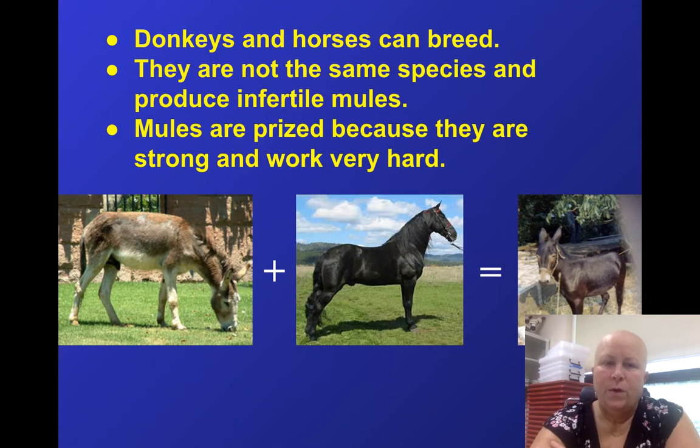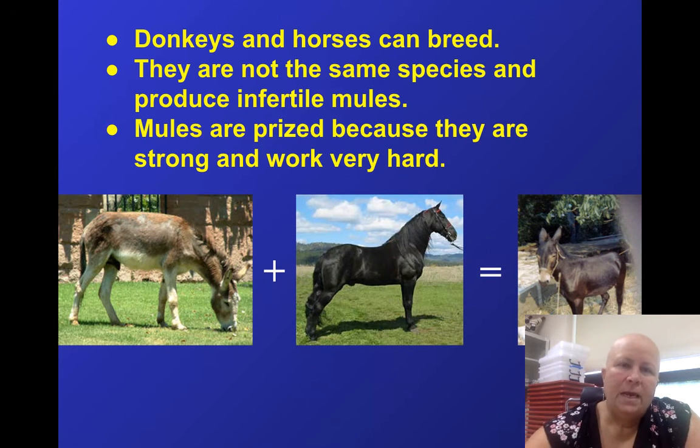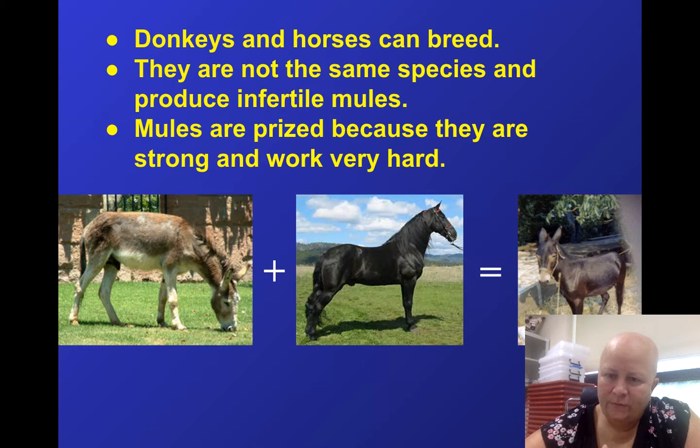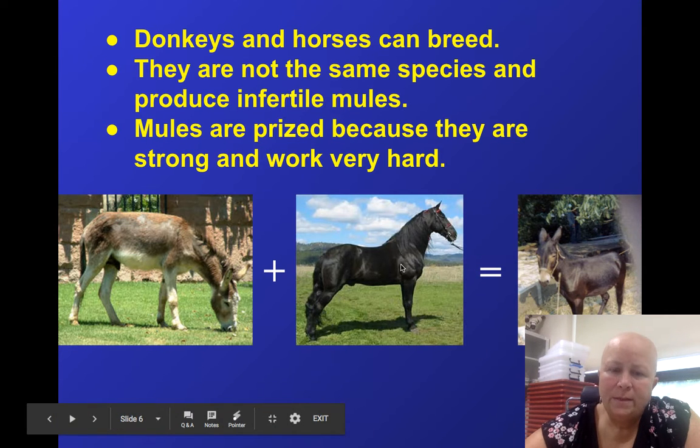Another example of species that are different is donkeys and horses. They are different species, and they can breed. They can produce offspring, but their offspring, the mule here, cannot then breed with another mule and produce babies.